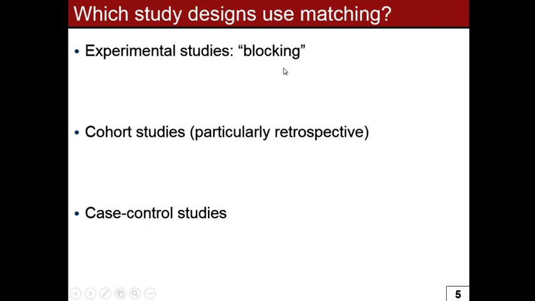Those were agricultural field experiments, and now we think of matching typically in the case control study, but sometimes in cohort studies, particularly the retrospective design, where you might have a bunch of people in, let's say, hospital X who were exposed to something, and you have data on their outcomes, but you may not have a control group.